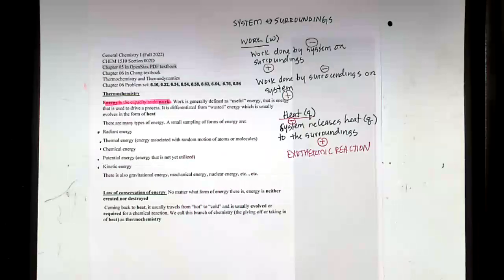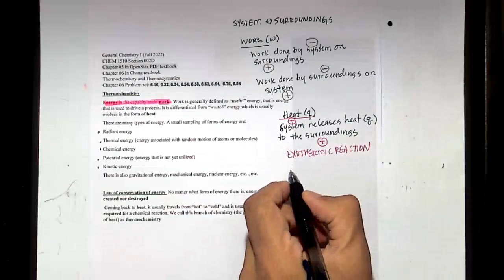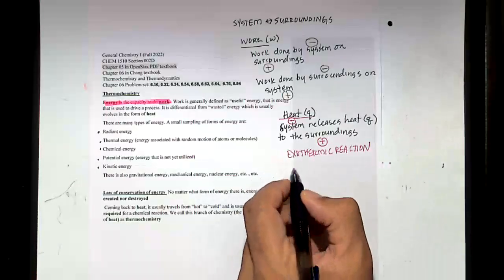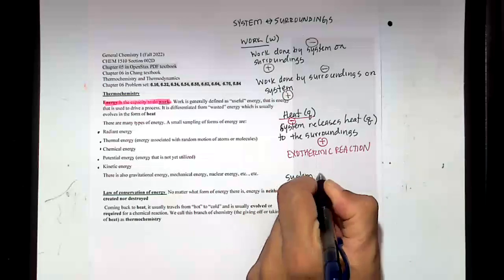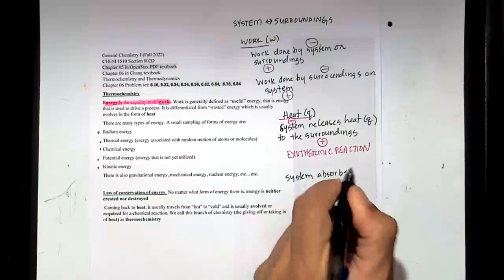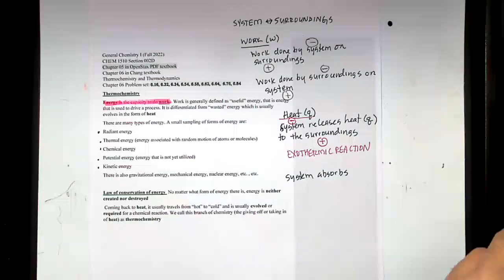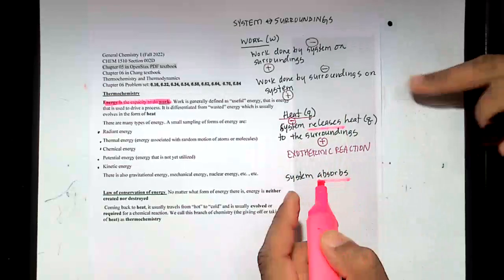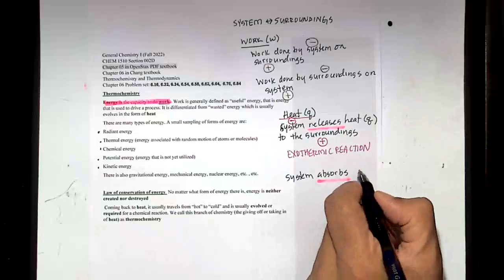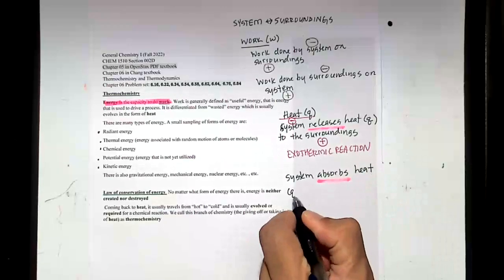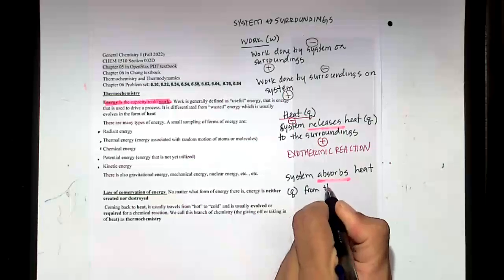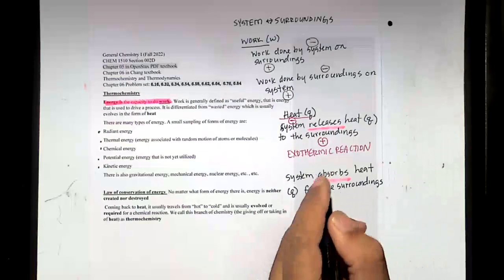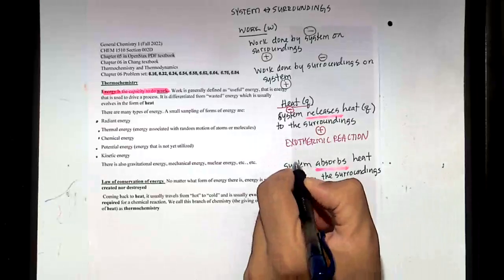This heat Q can be taken in by the reaction. It can be taken in by the system. So this is where the system maybe absorbs heat, or takes in heat, from the surroundings. What is the sign of the system?